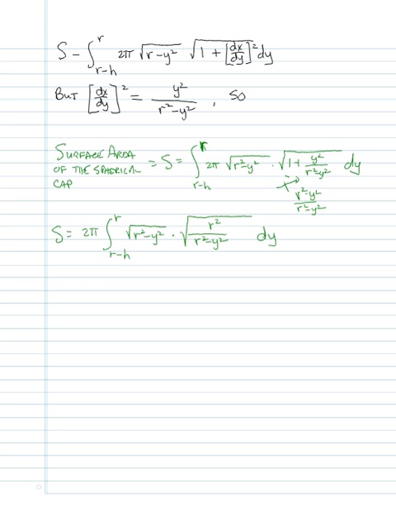Well, look what's going to happen as we think about dealing with a product of radicals, and that's what this is. So we have 2 pi times the integral from r minus h to r. A product of radicals is the square root of the product of the integrands.